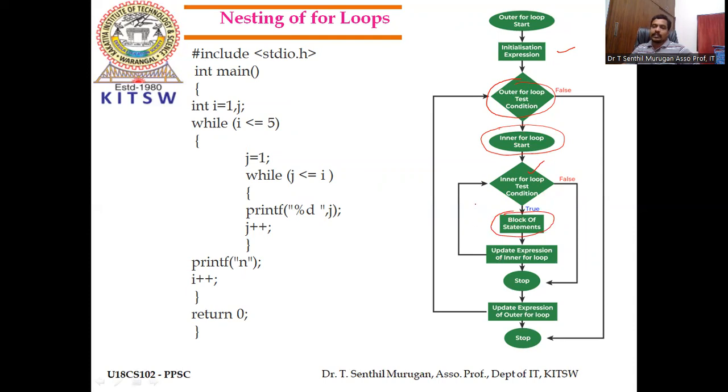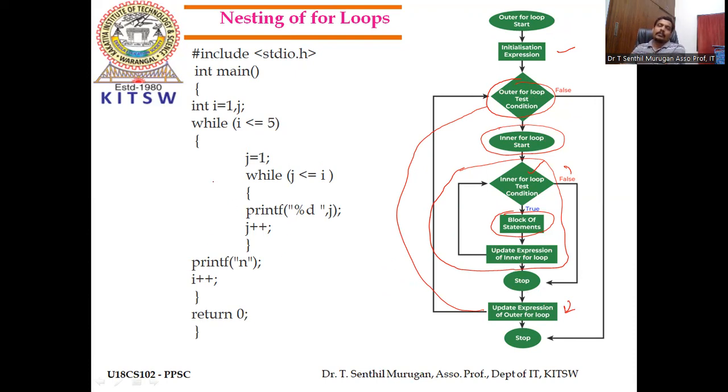Update the expression, and the entire inner loop will be executed as long as the condition is true. When the condition is false, this for loop will be stopped. Then the update expression of the outer for loop will be executed. Again, if the condition is true, it comes inside and checks with the inner loop. Then it will repeatedly do this.